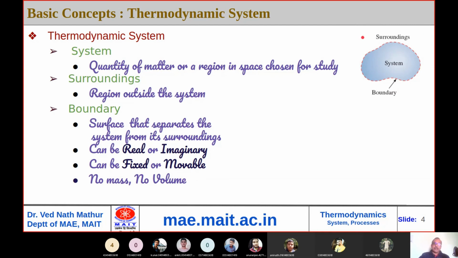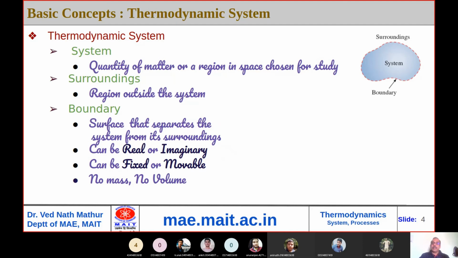So system depends upon your choice of study. So what problem you are choosing? Say if you are just focusing on how water is boiling in a kettle on gas, some steam is going out of the kettle, then that kettle becomes your system, and surrounding is the area where the vapors from the kettle are going out, or from where the heat is being transferred to the kettle.